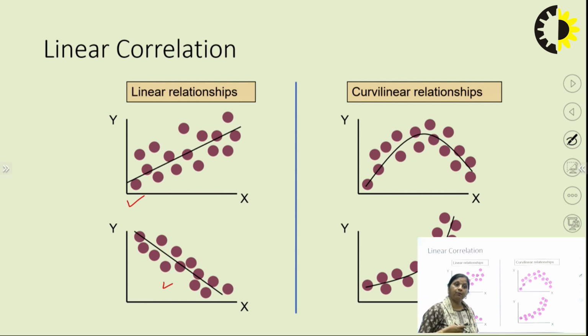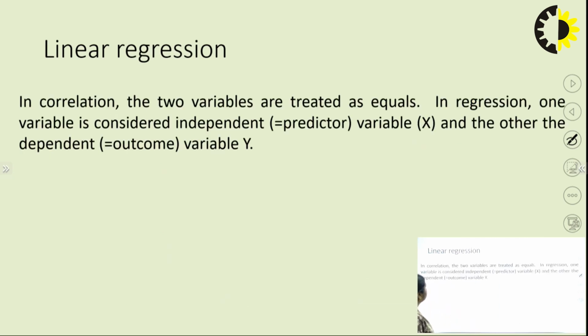In regression, we predict the value of the dependent variable from the independent variable. The independent variable is the input and the dependent variable is the output of the linear regression. In correlation, the two variables are treated as equal. As we have seen on the last slide, we had a linear correlation. In one diagram, x was increasing, y was also increasing.